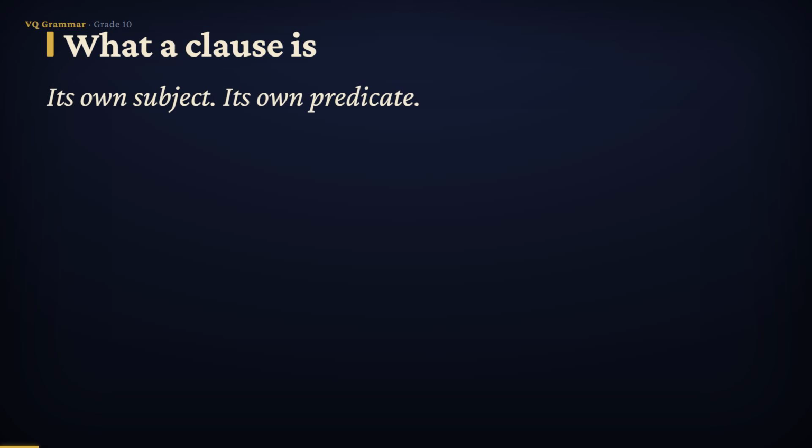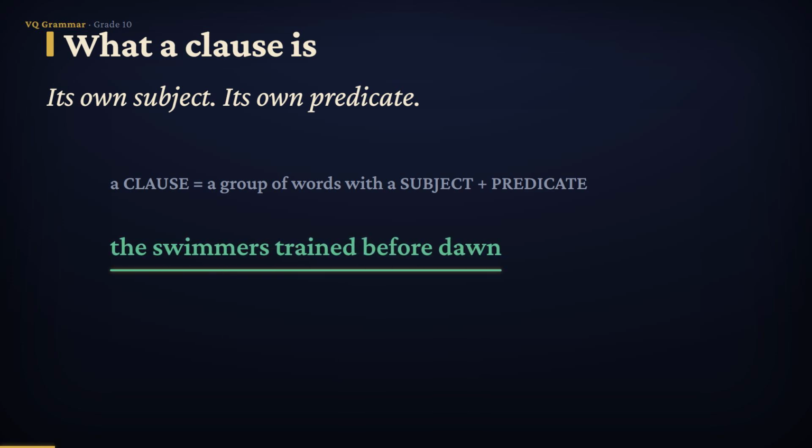Let's get into it. So what exactly is a clause? Here's the definition to hold on to. A clause is a group of words that has its very own subject and its very own predicate. Look at this. The swimmers trained before dawn. Who is doing something? The swimmers. That's the subject. What are they doing?